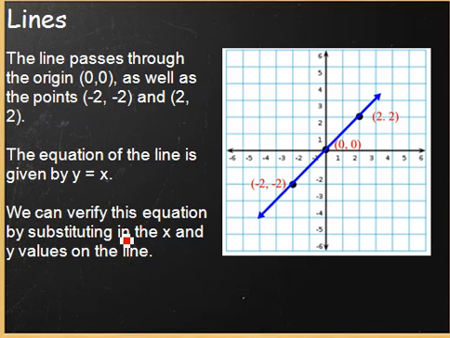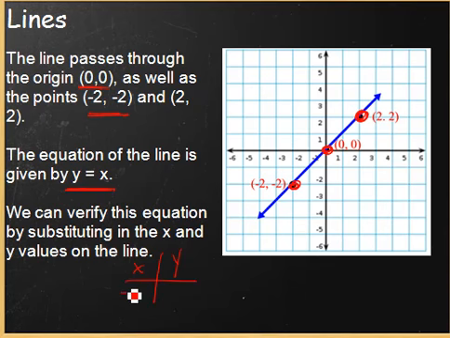We can also use the coordinate system to graph lines. For example, we could plot the points (0, 0), (-2, -2), and (2, 2), seeing that these 3 points construct a straight line. We could also verify that y equal to x is indeed our equation of this line by substituting in those values and determining x and y.